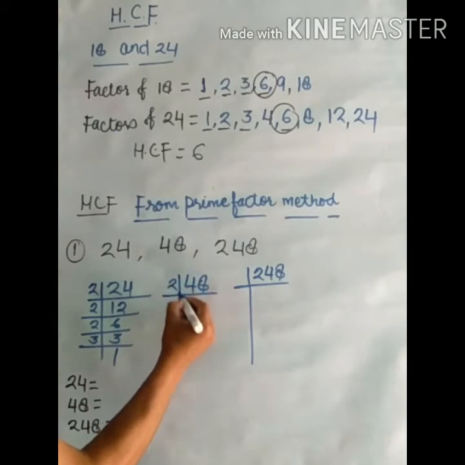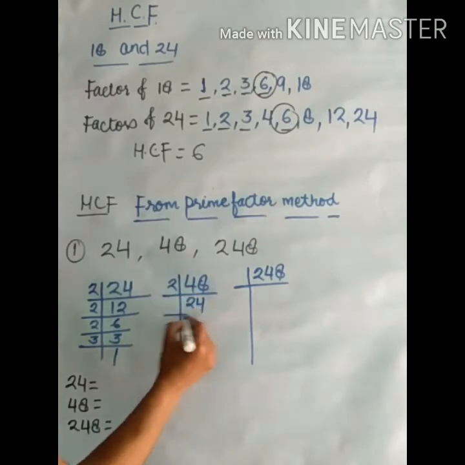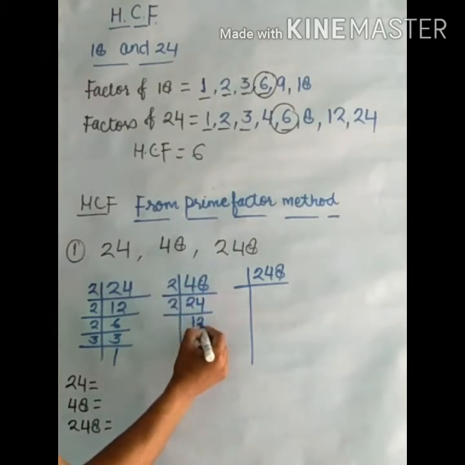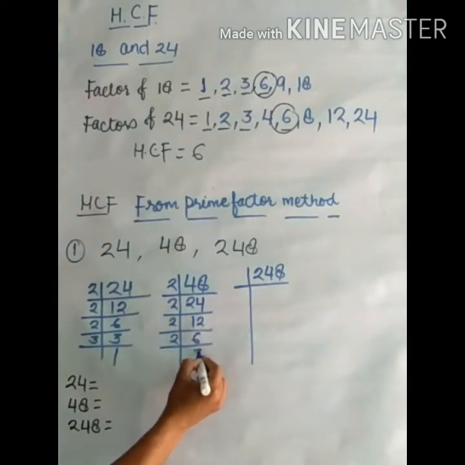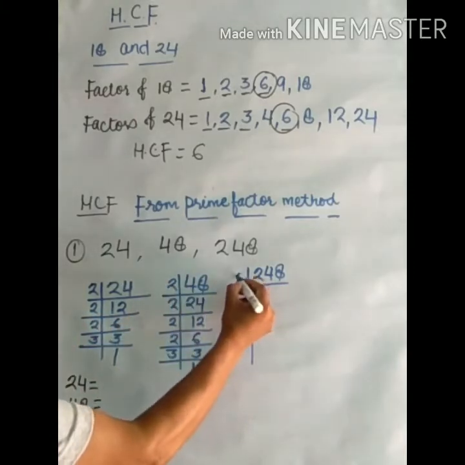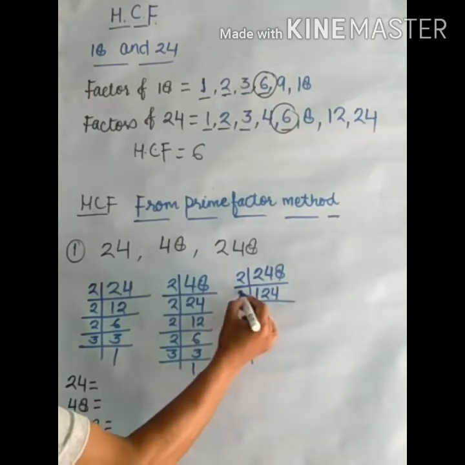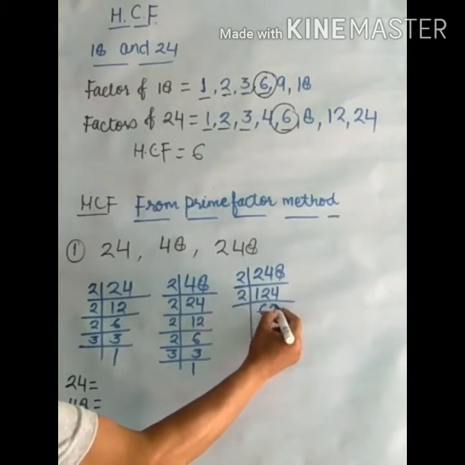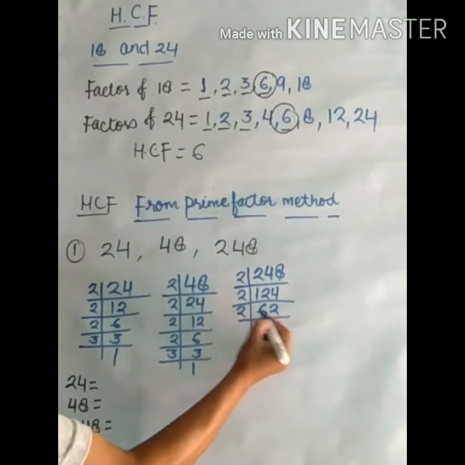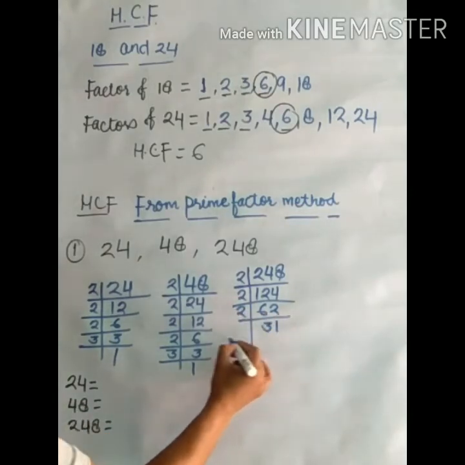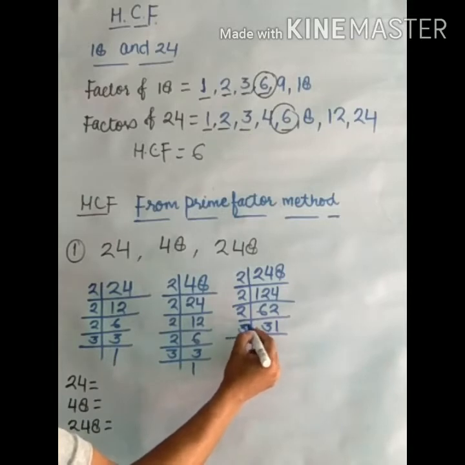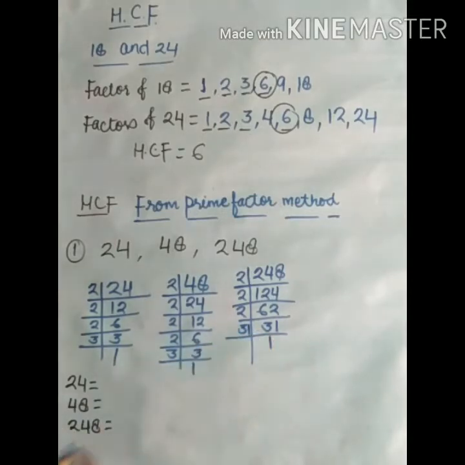Now 48: divided by 2 gives 24, again by 2 gives 12, again by 2 gives 6, again by 2 gives 3, and 3 divided by 3 gives 1. Now for 248: 2 divides it to give 124, then 62, then 31. 31 is a prime number, so it is divisible by 31 one time.